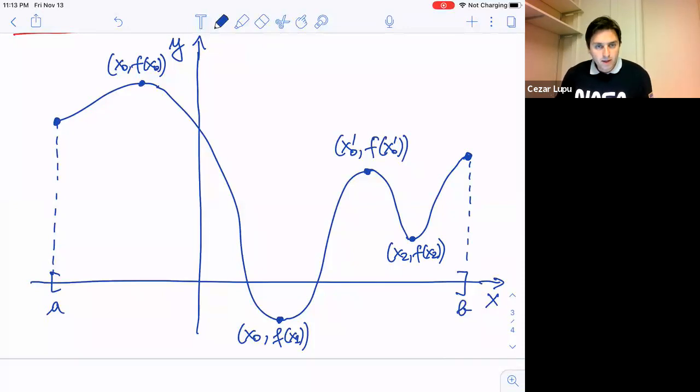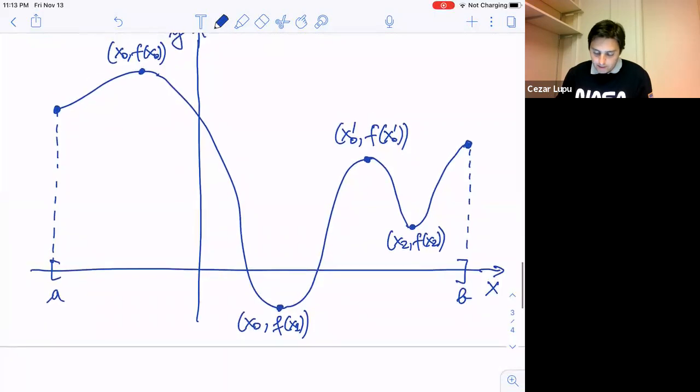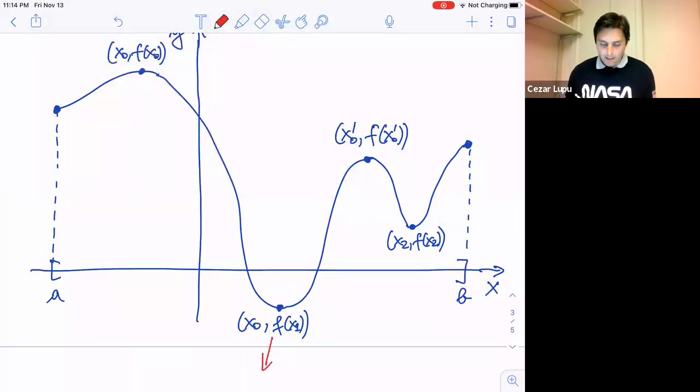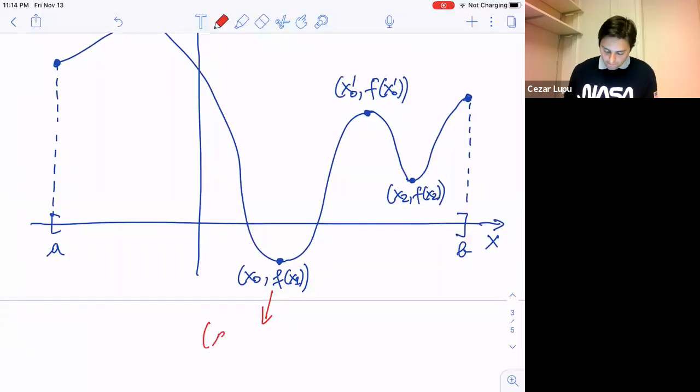Okay. So by just looking at the graph, what can we say about it? You see, we can say that some of them are relative maxima, but not absolute maxima. But if you look at this, you can say that this guy here is the absolute minimum point.